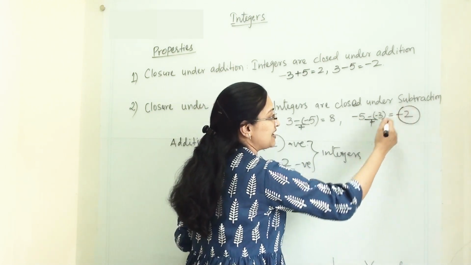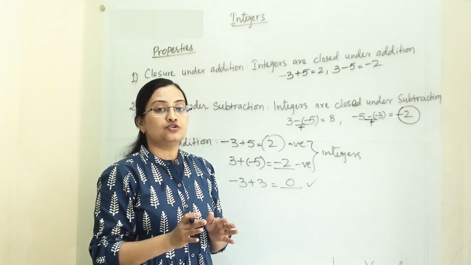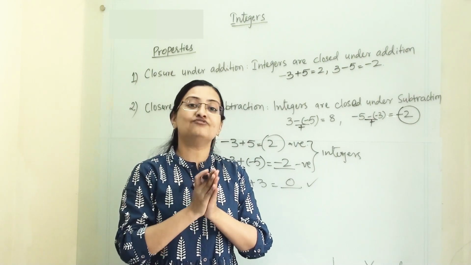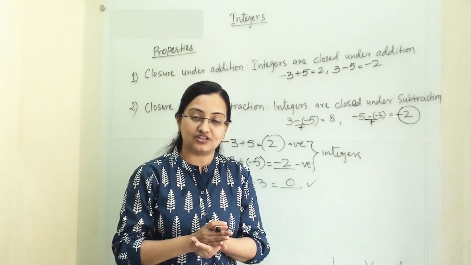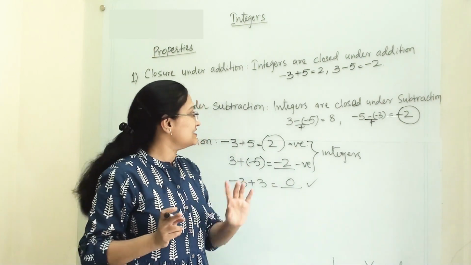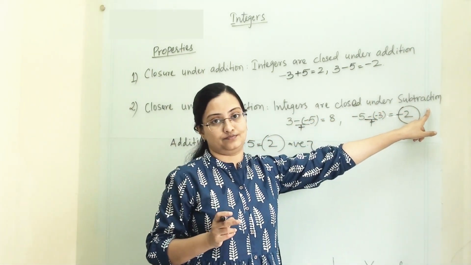So our answer is -2. In either case we get an integer. Any integer numbers you take and perform subtraction on, you will get an integer only. That is the meaning of integers are closed under subtraction.